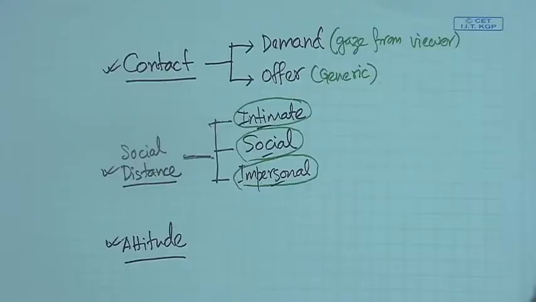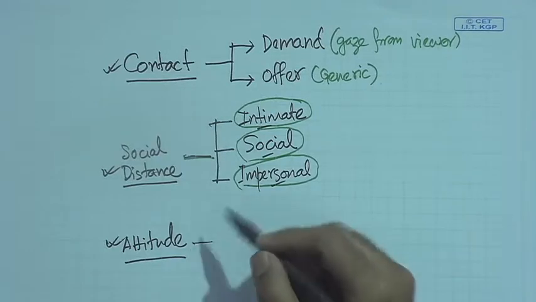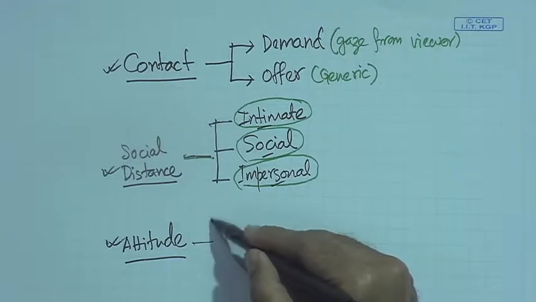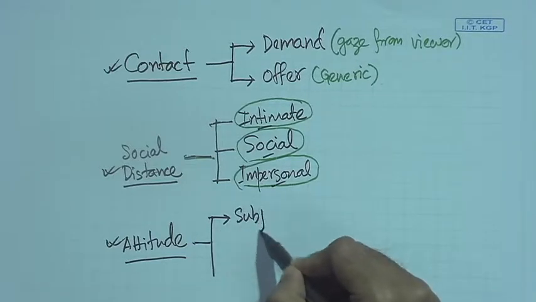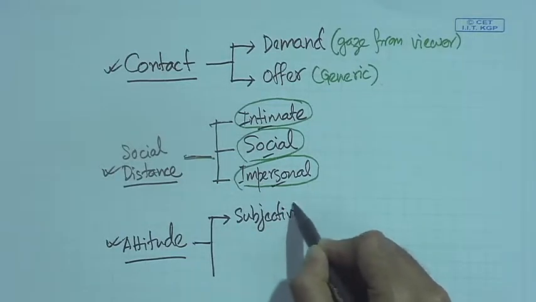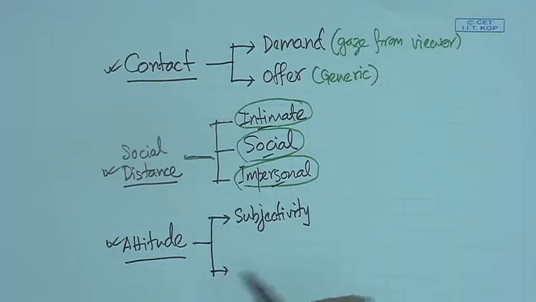Now, let us come to the attitude aspect of the image when it comes to interactive meaning generation. Attitude works on subjectivity, and the other one could be objectivity.